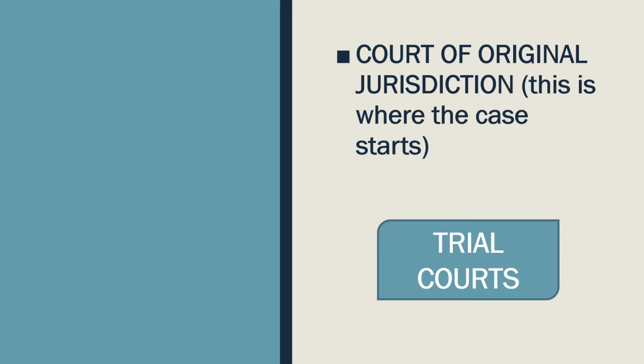There's always been some sort of court system. Good governments have always established forums for the people living within their boundaries, where they can go and resolve disputes. When you have people living together, there are going to be disputes, and good governments set these up. So at the bottom level, you have the trial courts.